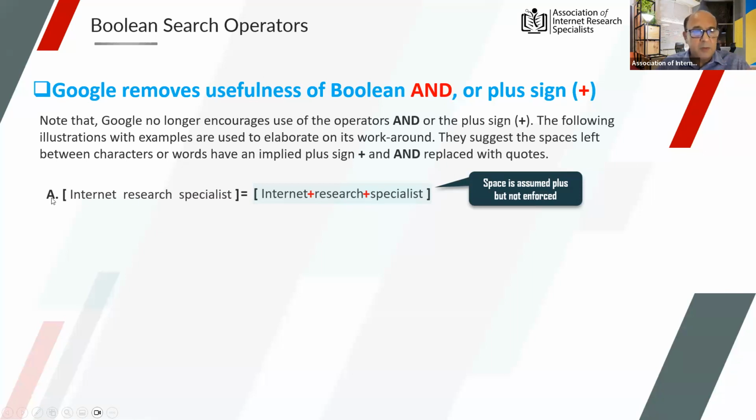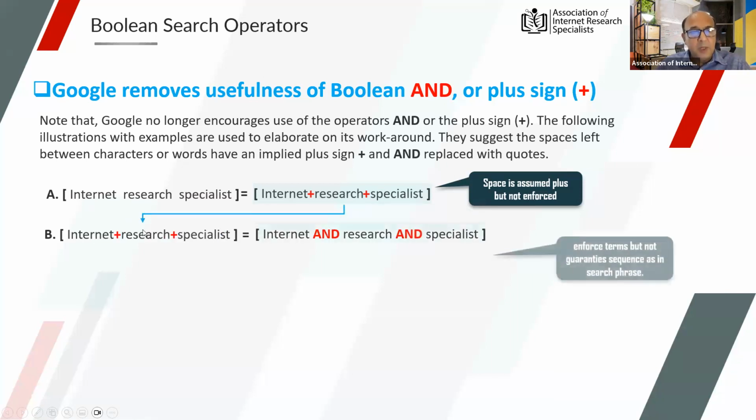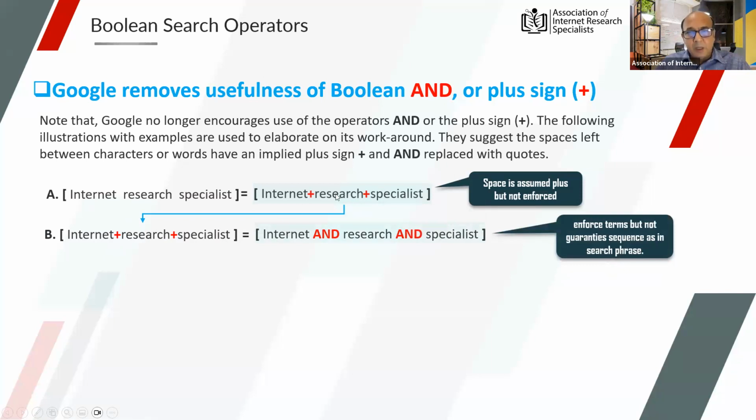So we start with A, with these three outside of the quotations. In the second one, we are just carrying them forward. So bringing this here, we are now going to substitute the plus sign with the AND operator. So in B, we have three words that we are using with the AND operator.